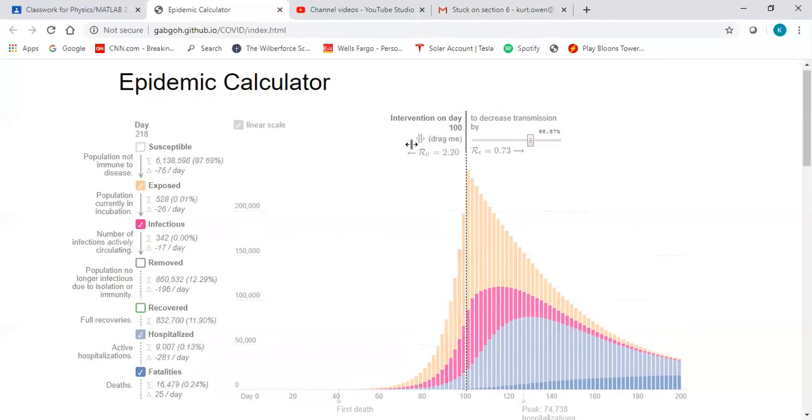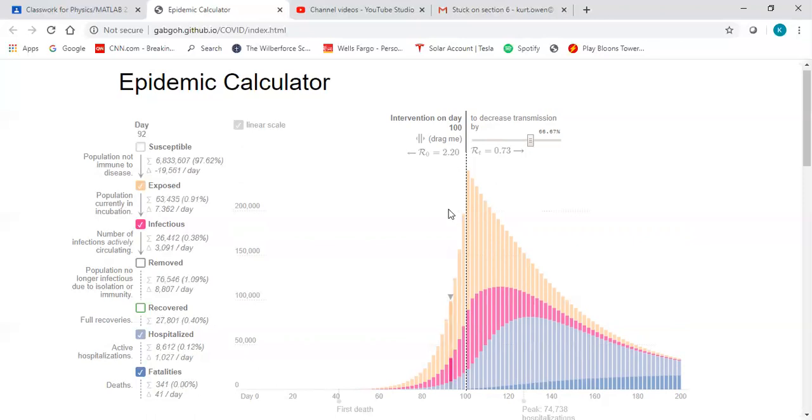And there are these things called the R values that we're going to talk about a little bit more in this video. This is an R naught, that's before the intervention, of 2.2. What that means is that every person in magenta, in the infected category, while they're infected, should be infecting 2.2 more people.